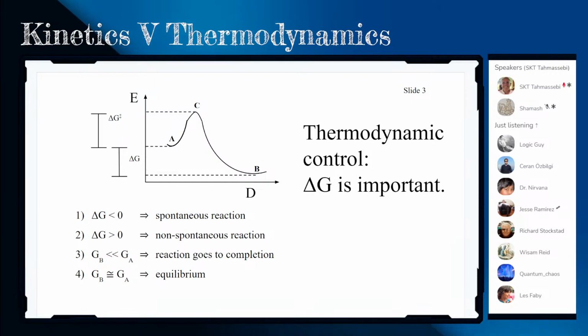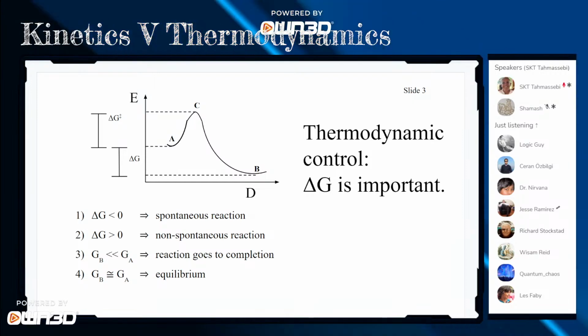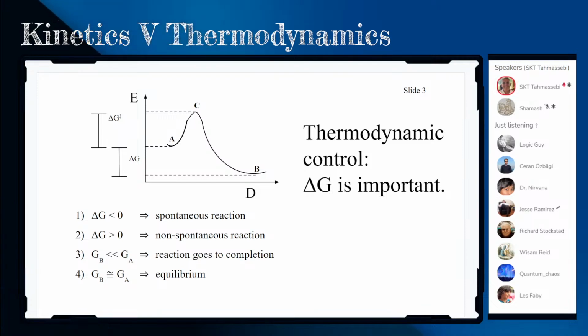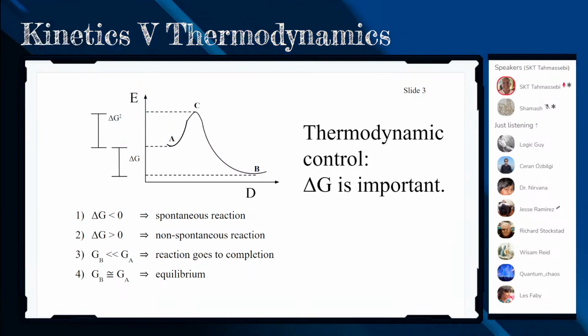This is exactly the same example of iron rusting that I was telling you. The forward reaction, that is iron reacting with water and oxygen to form iron oxide, is such an energetically favorable reaction that it goes completely to completion.